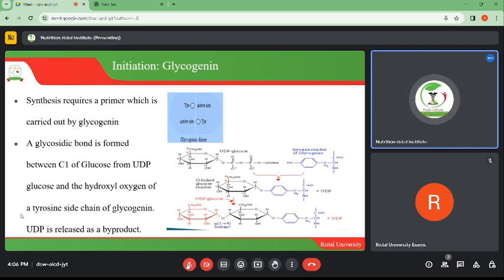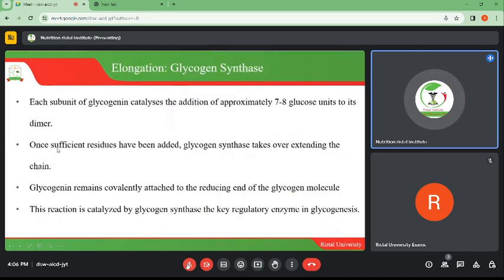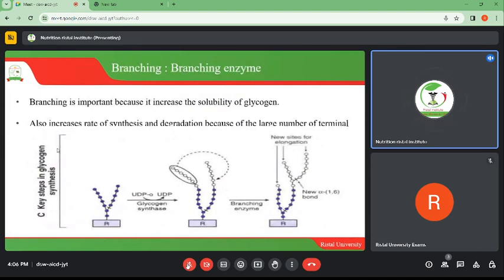Each one of them is added using the 1,4-glycosidic bond. That is one of the major reactions. Then the second major reaction is the formation of the branch point, which is done by the branching enzymes.